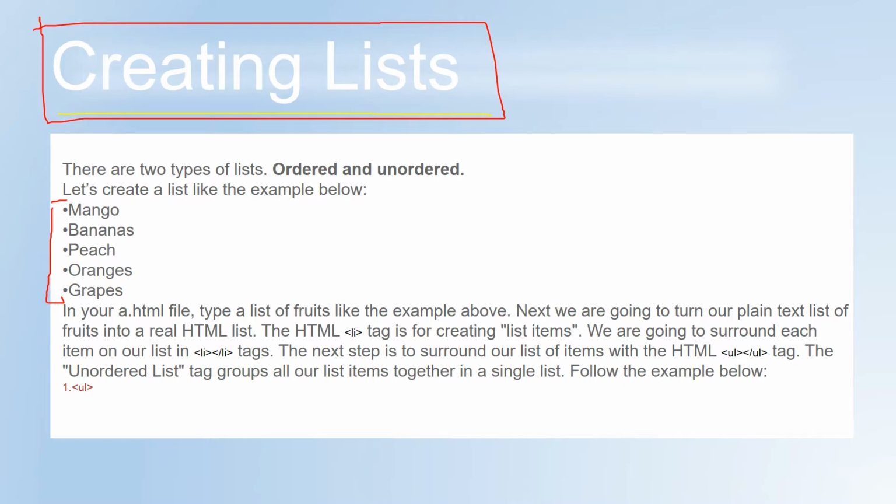These are kind of ordered, right? And there are two kinds of lists: one is ordered and another is unordered. So if we want to create a list like the example below, with the names of these fruits one after another, mangoes, bananas, peach, oranges, and grapes.